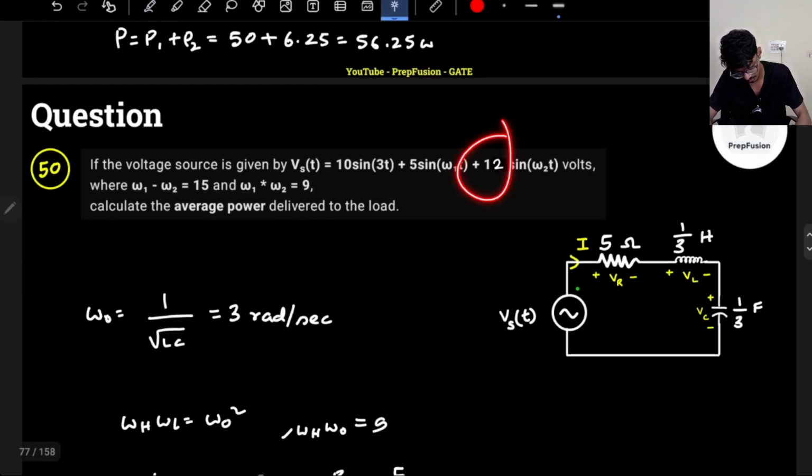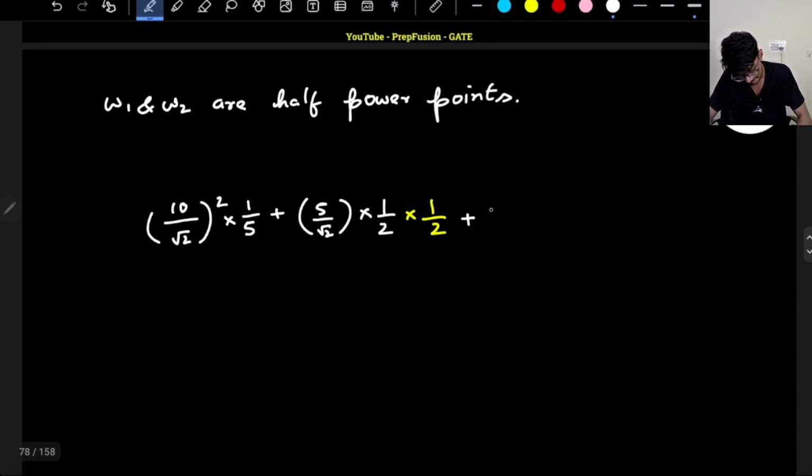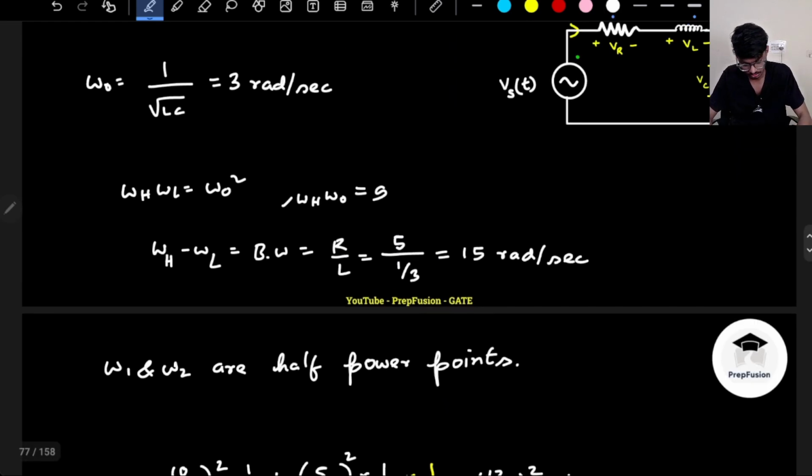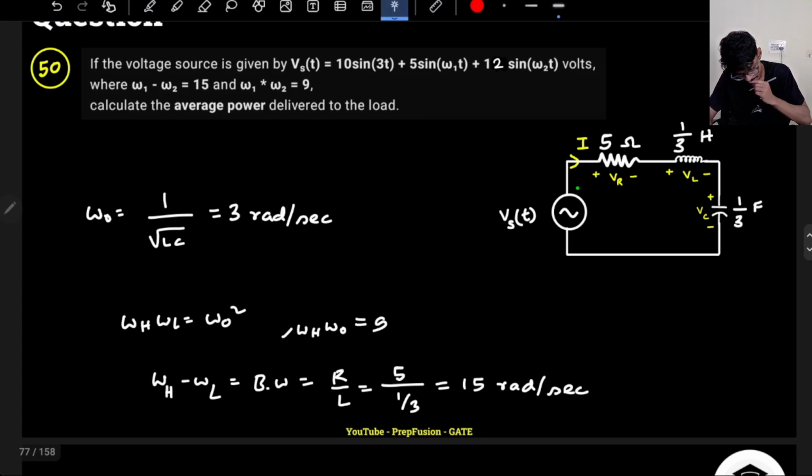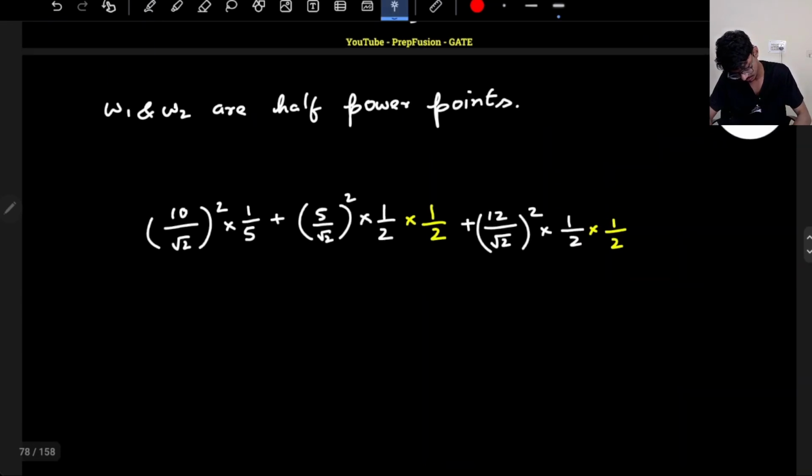Omega 2 again is the resonant power, so this will be 12, this is square, 12 by under root 2 whole square into 1 by 2. Okay, so this will basically be my answer.